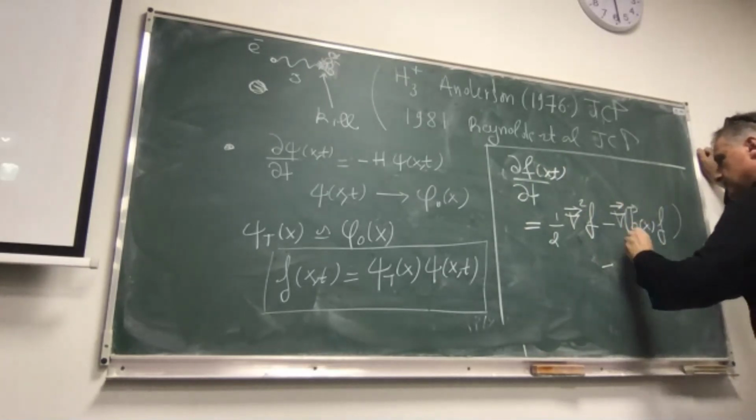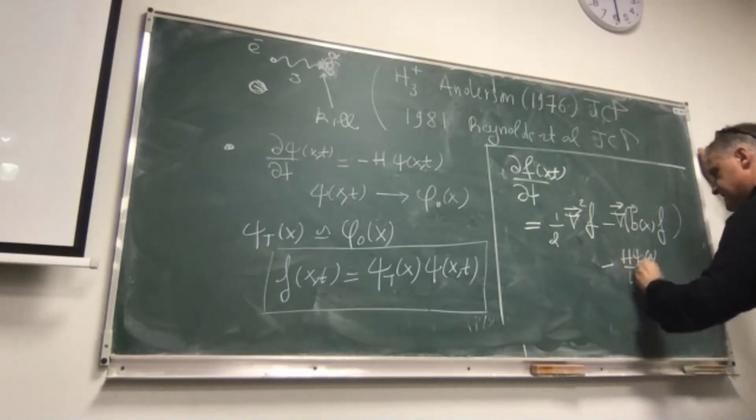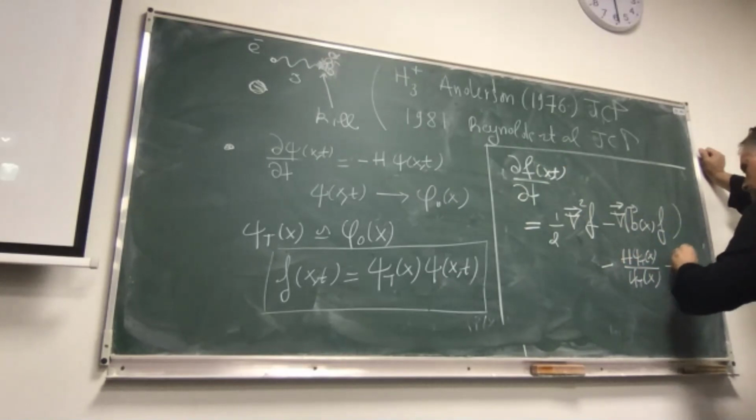And a potential, which is now H psi t of x divided by psi t of x minus E 0.